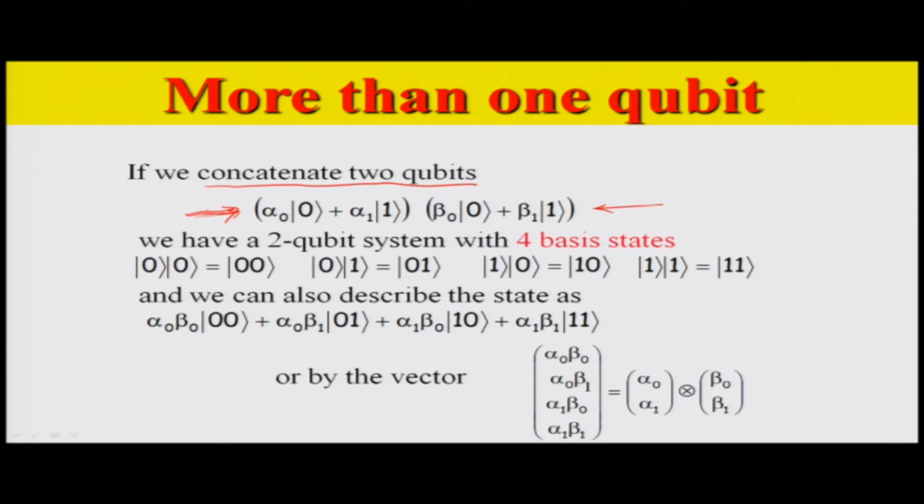Both of these, as we have shown, can be made to arise from optical approaches, and these 4 basis states can then be utilized as a multiple qubit system.